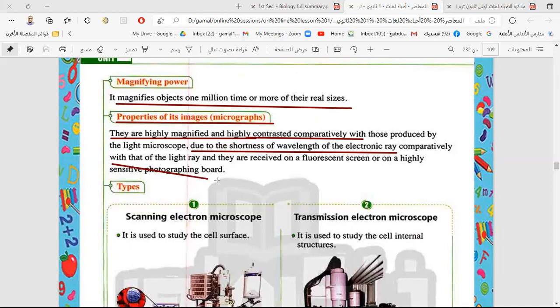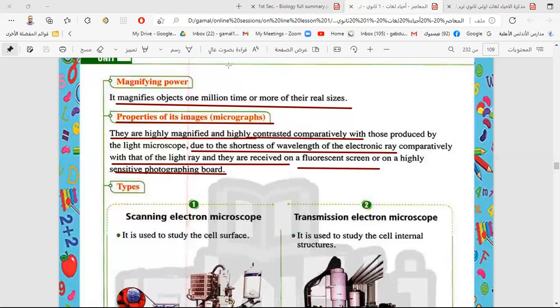Compared to the normal light ray, and it can be received on a fluorescent screen. اقدر استقبل الصوره on a screen زي التي في كده، or highly sensitive photographic board، ممكن استقبلها على لوحه استقبال فوتوغرافيه. يعني سكرينه برضو بس فوتوغرافيه.